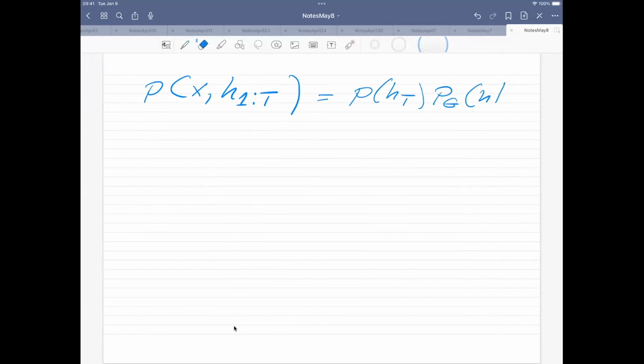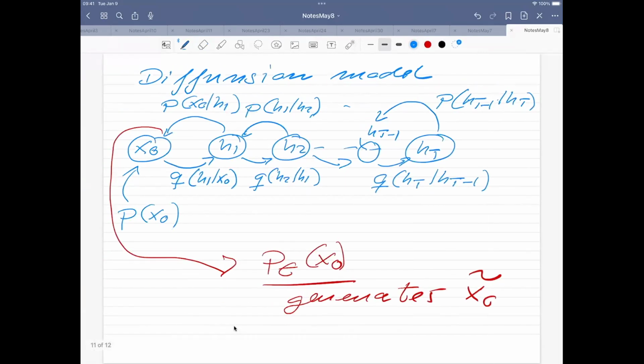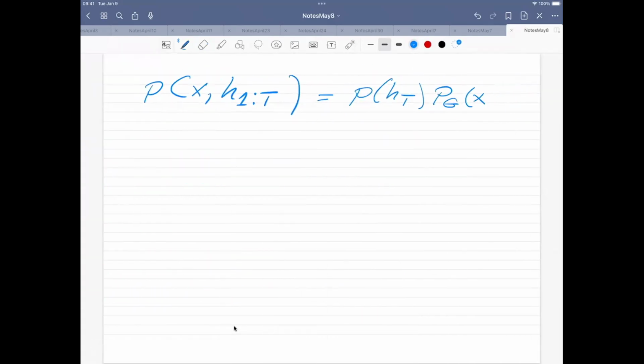So this x, which you see here, is a generic x, and we're going to specify it in more detail later. But let me just correct that one. So this is x, not x0, but x. I'm going to put explicitly in x0 in just a few moments.